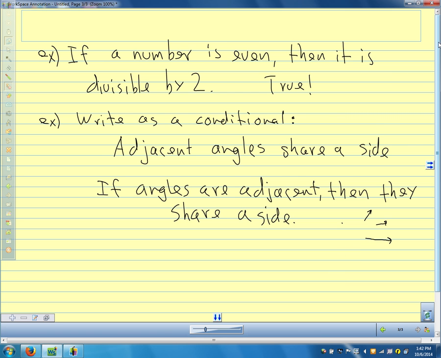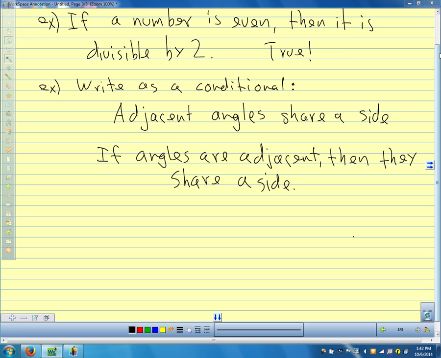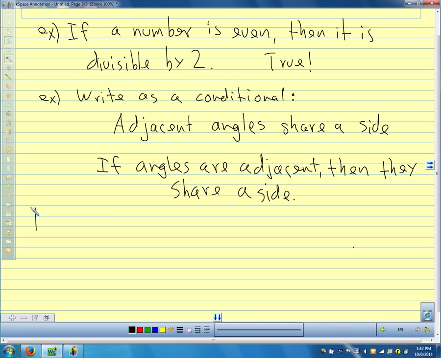We talk about the truth value of conditional statements. The truth value just means, is it true or false? So a conditional statement can only have one or the other. It can't be halfway between those.